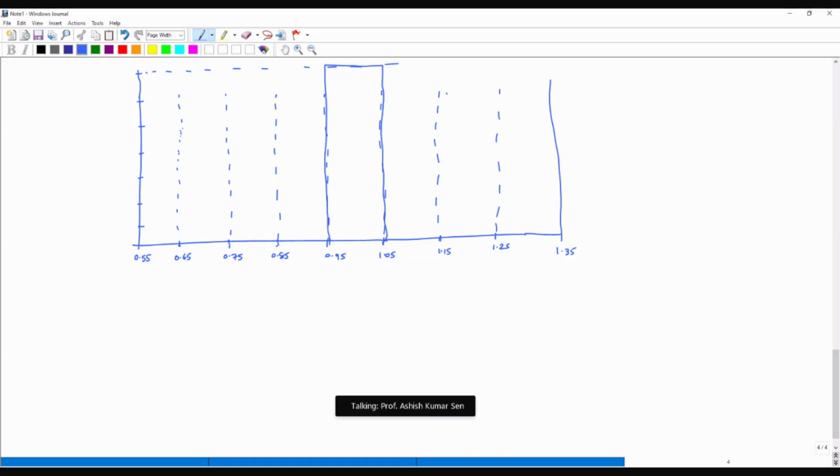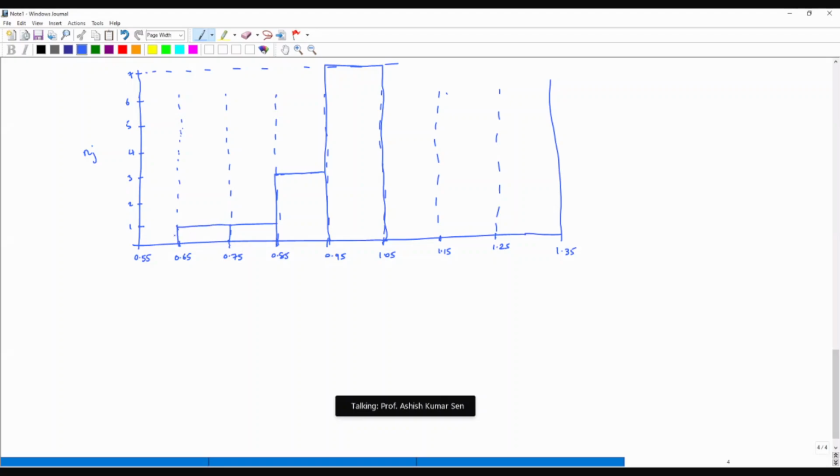Then 0.85 to 0.95, you have 3. So 1, 2, 3, 4, 5, 6, 7. We have nj. So 3 is somewhere here. So this is between 0.85 to 0.95. Then 0.75 to 0.85, you have only 1. So 1 is somewhere here. 0.65 to 0.75 also, you have only 1.